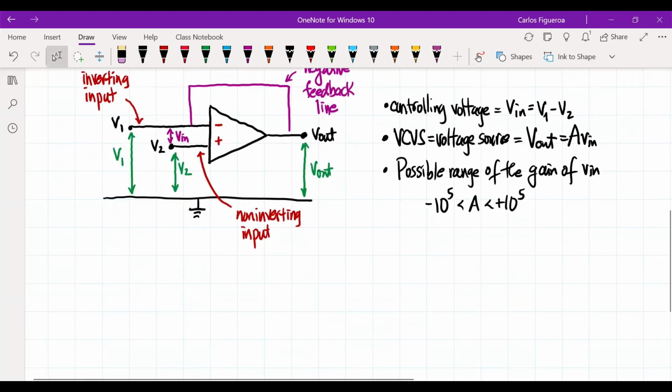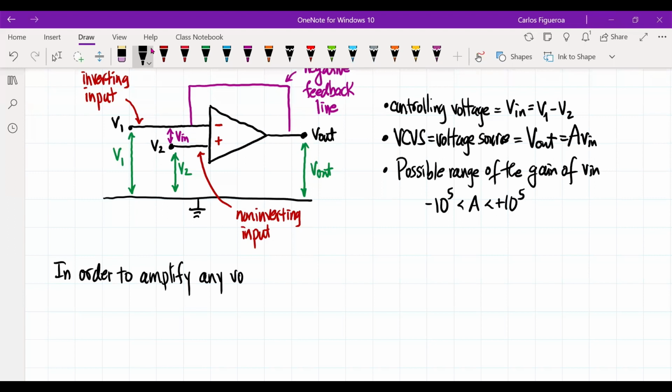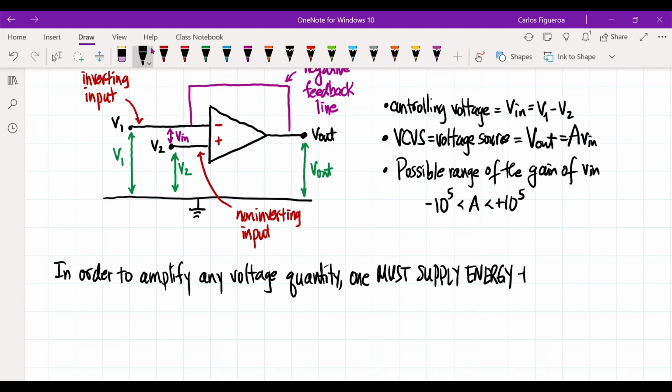Now, in order to amplify any voltage, one must supply energy to the op amp.